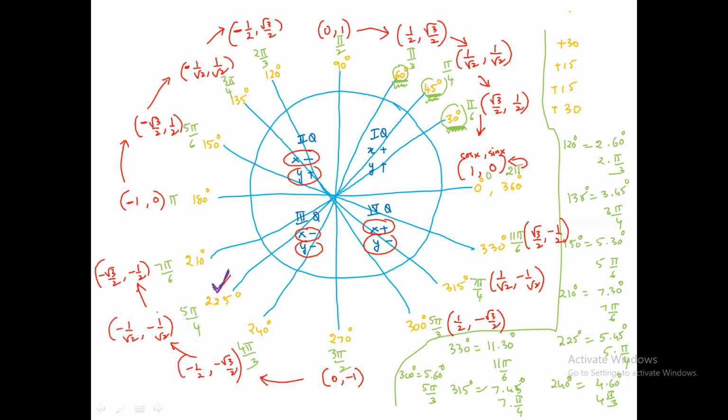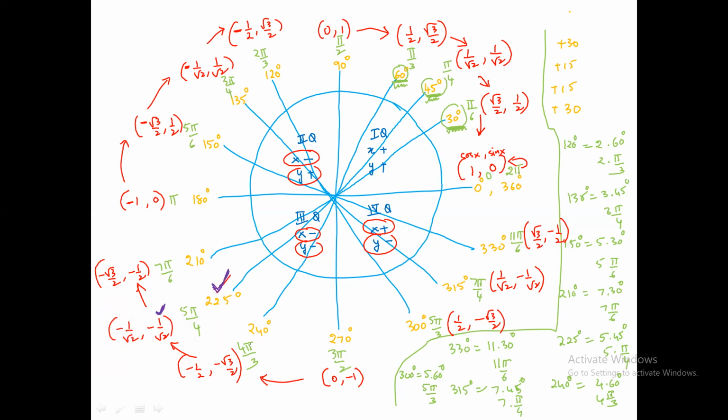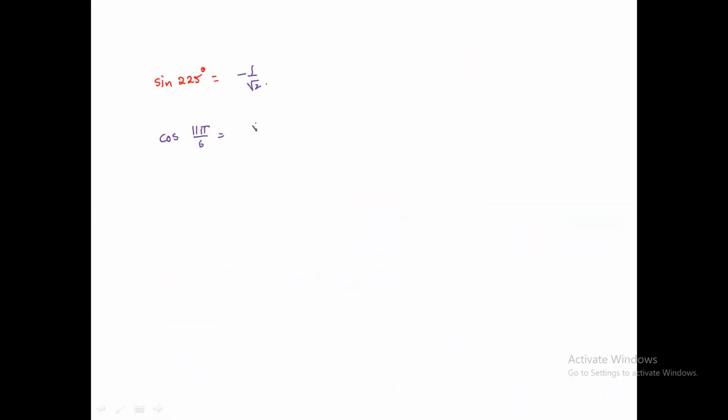Sine 225 degrees is minus 1 by root 2. Suppose I ask you what is cos 11 pi by 6. So see the circle, where is 11 pi by 6? Here is 11 pi by 6. Cos 11 pi by 6 is root 3 by 2.